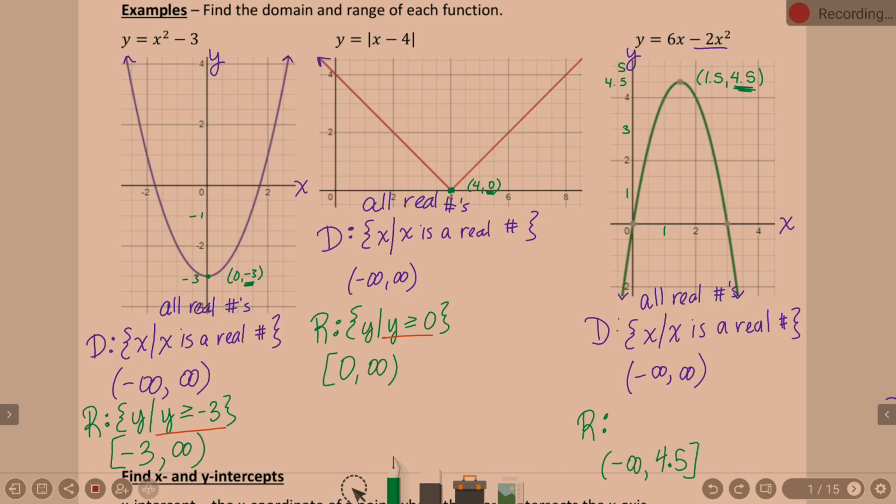Okay. How do we write this in set notation? So how do we write this with less than, greater than? The number we used was 4.5. So in relation to 4.5, where is this graph? Okay. It's below, so it's less than. It touches 4.5, so we want to say less than or equal to. Good.